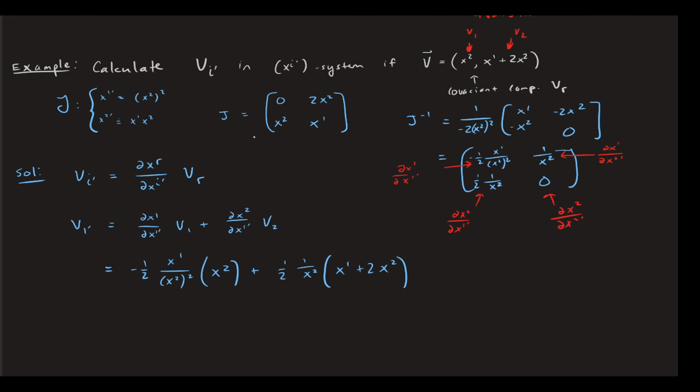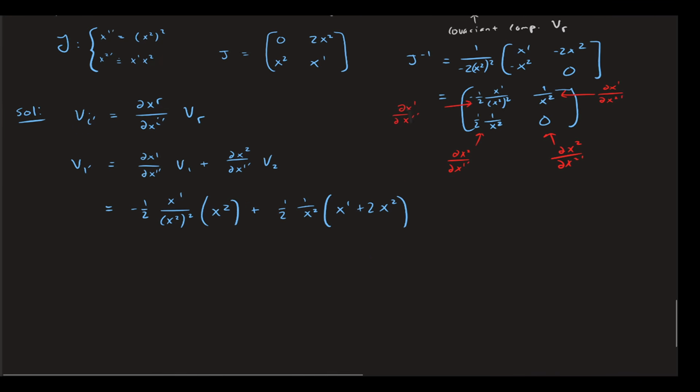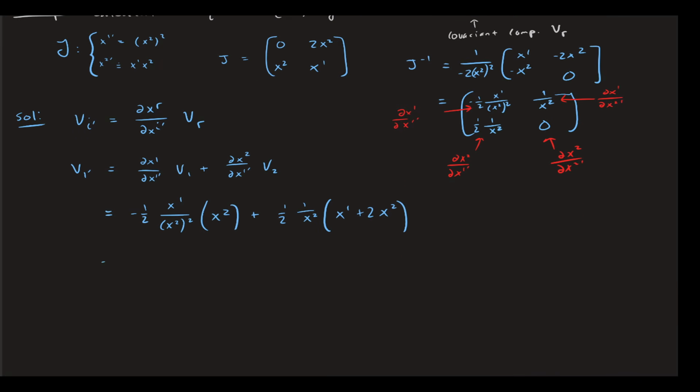So let's see what we get. If we simplify that, we should get negative 1/2 x1 over x2 plus 1/2 x1 over x2 plus 1, which is 1. So our component in the prime coordinate system for v, the covariant component in the prime coordinate system, v1 prime is just 1.